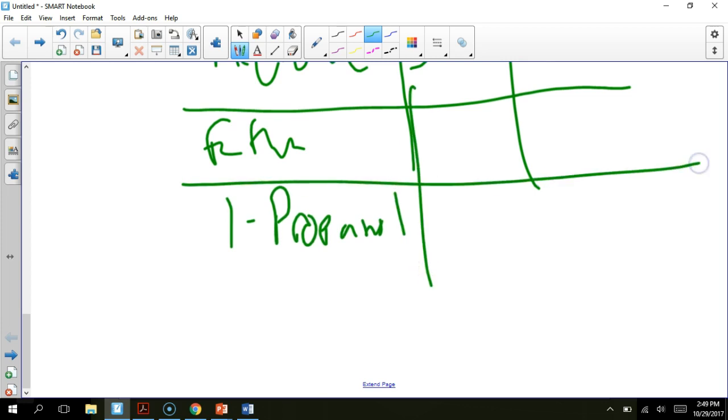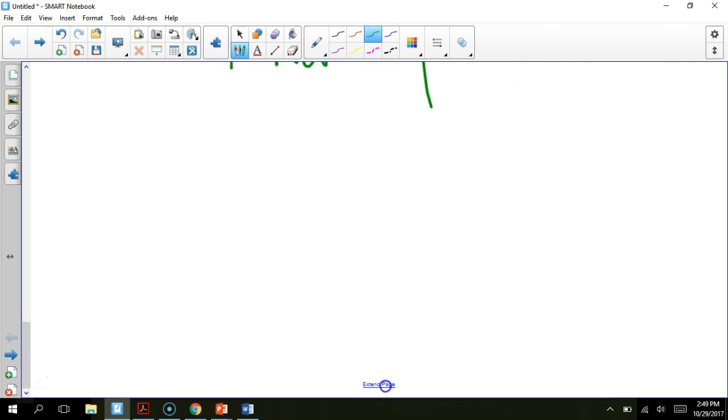Okay, and so now you have your information about what you're looking at to solve for in the lab. So that is what you're going to do, and you're going to type this up. Instead of doing this in a lab notebook, you're going to type this up.